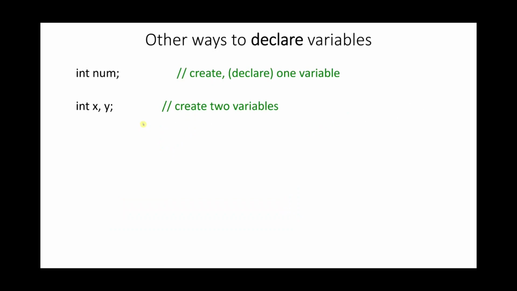Okay, now other ways to declare variables. And by the way, creating or declaring is just having the variable name attached to the type, but no actual value. The value is initialization.